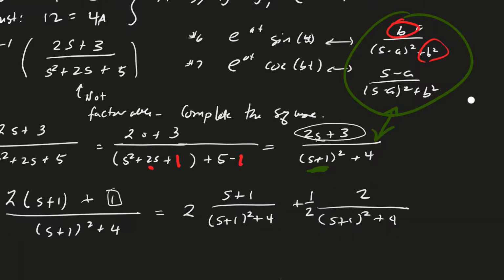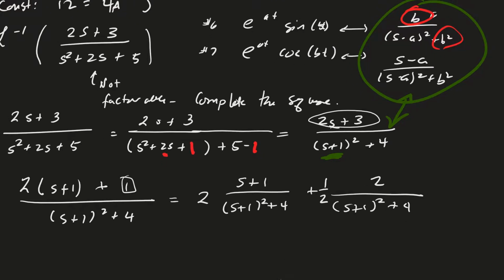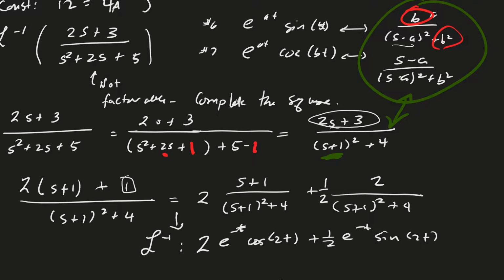I see that I have e to the what? Notice that that's s minus a, and that's e to the at. And so therefore the inverse Laplace is going to be 2 times e to the minus t cosine 2t plus 1/2 e to the minus t sine of 2t.